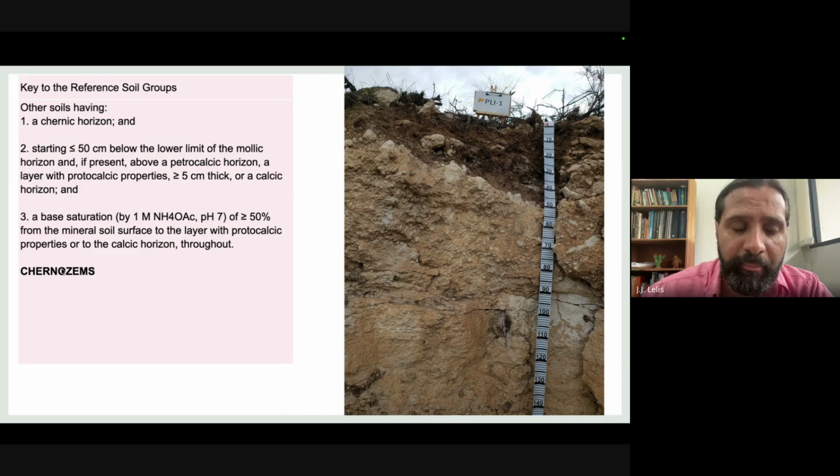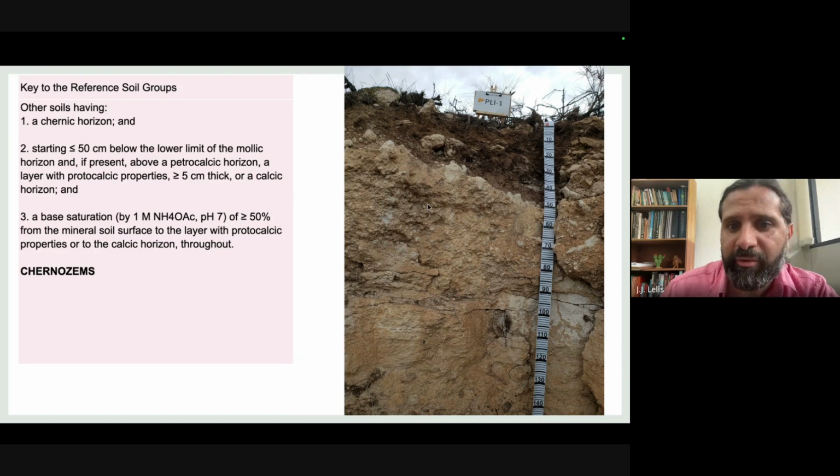So we must register all these characteristics in the Chernic horizon. And also, besides this Chernic horizon, we need to register, starting at 50 centimeters or less, the upper limit of the Mollic horizon, and if present, above a petrocalcic horizon, a layer with petrocalcic properties with 5 centimeters or more of thickness, or a calcic horizon. So, for example, here you can see, starting around 20, 30, 40, or even 50 centimeters, this horizon, that's the petrocalcic horizon.